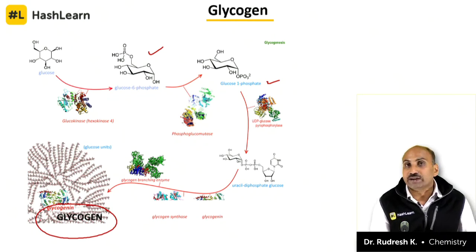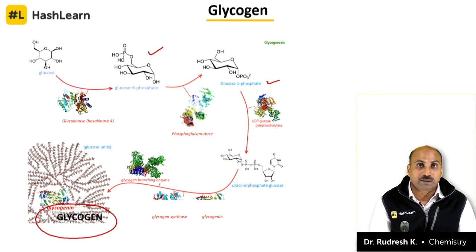Whenever we take food, the required amount of energy is used by the body, and the rest of the energy synthesized as ATP, or the excess glucose in the blood, if it goes beyond a certain blood level, tries to convert into glycogen that will be stored in the liver.